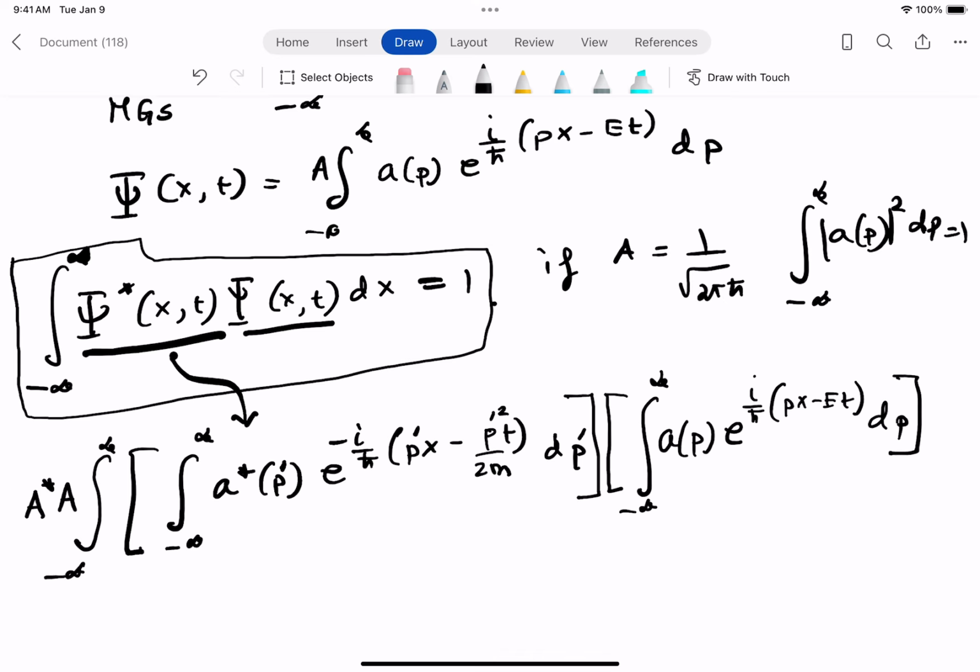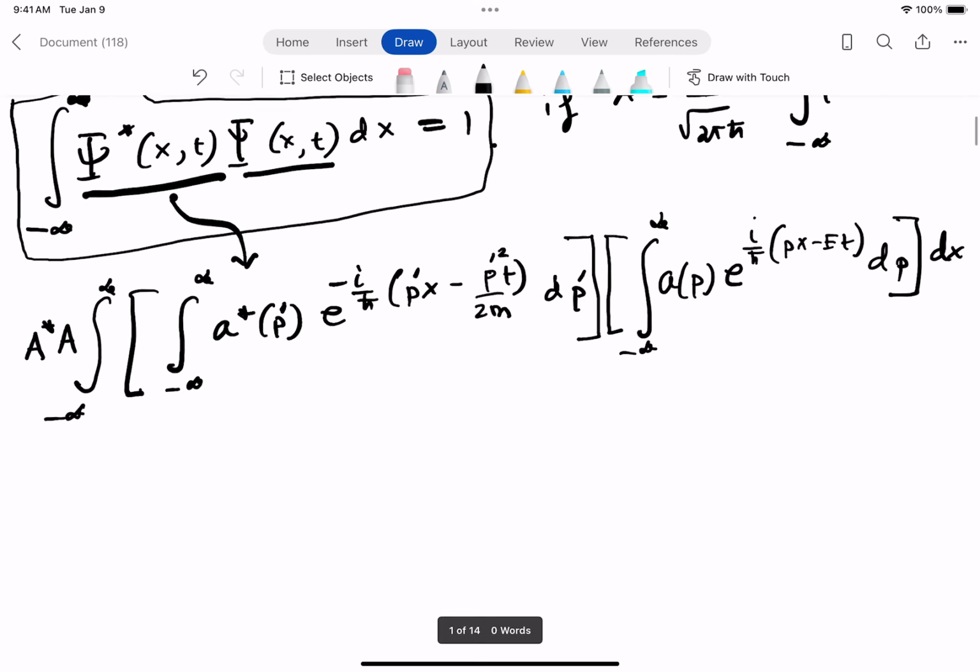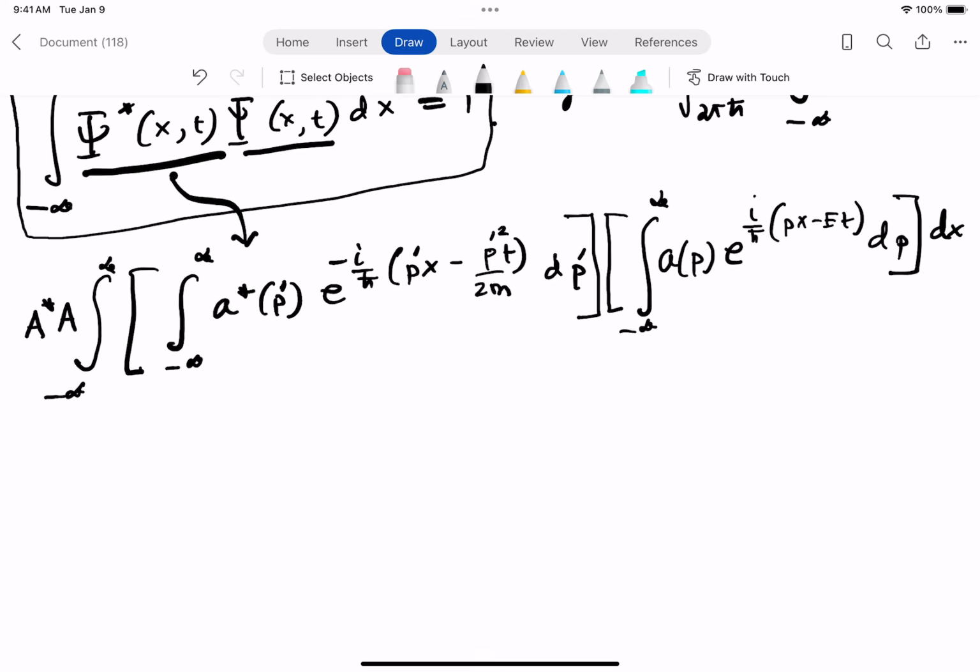And then there is the overall integral over dx. All right, so this is what we need to evaluate right now. There are three integrals here. A star A is just the absolute value of A squared.